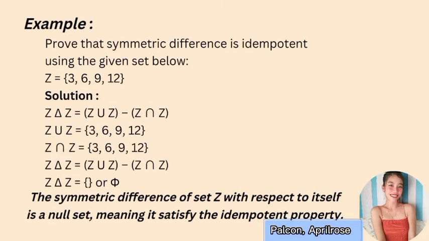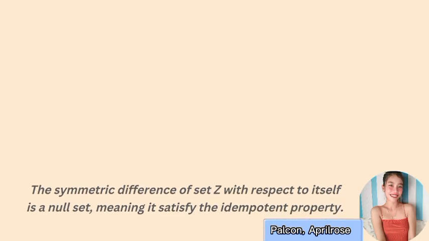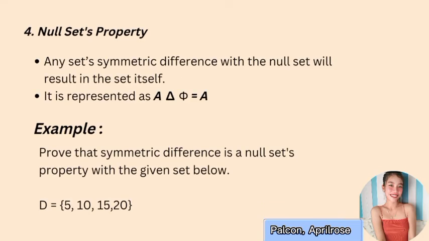Z symmetric difference Z equals open parenthesis Z union Z close parenthesis minus open parenthesis Z intersection Z close parenthesis. Z symmetric difference Z equals the empty set. So the symmetric difference of set Z with respect to itself is a null set, meaning it satisfies the idempotent property.